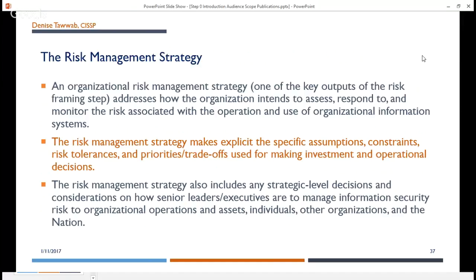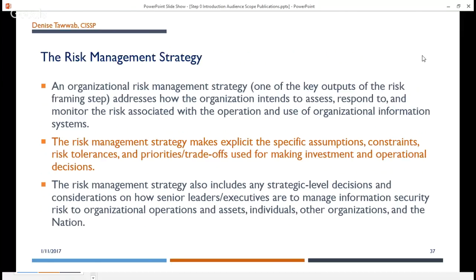The risk management strategy addresses how your organization intends to assess, respond to, and monitor the risks that are associated with the operation and use of your information systems. The risk management strategy is going to make explicit the specific assumptions, constraints, risk tolerance, and priorities and trade-offs that will be used for making investment and operational decisions.